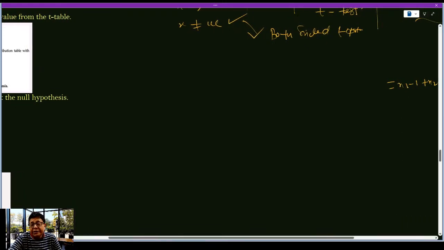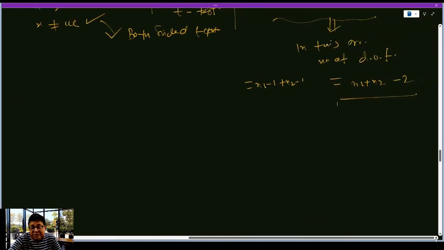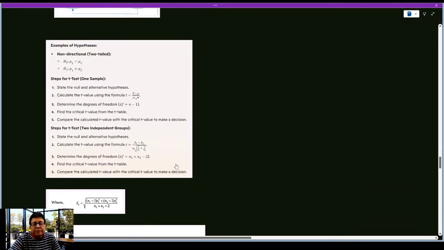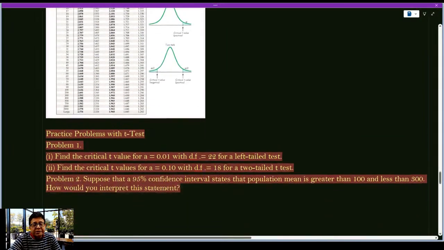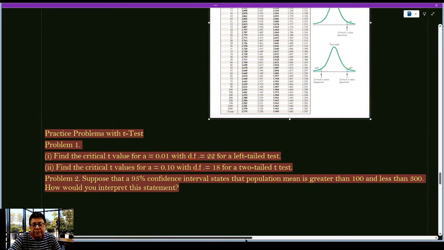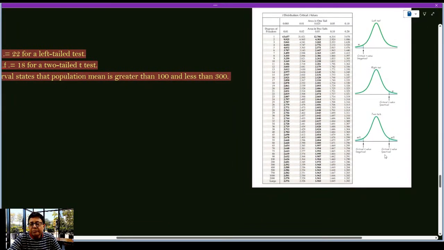What are those? Degrees of freedom, which we have understood, that is the number of choices in a group to perform a similar task, and then the t-distribution table and the corresponding curve. That we are going to discuss now. This curve we will be discussing now. Okay?